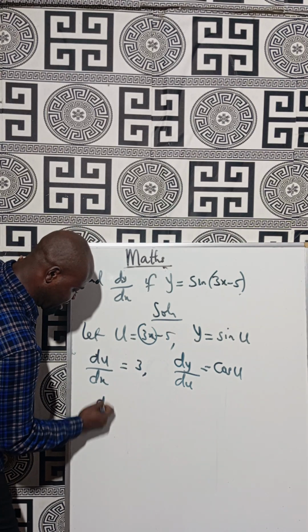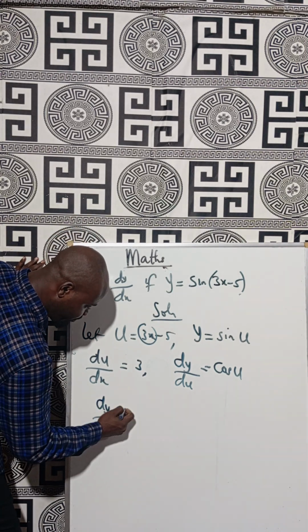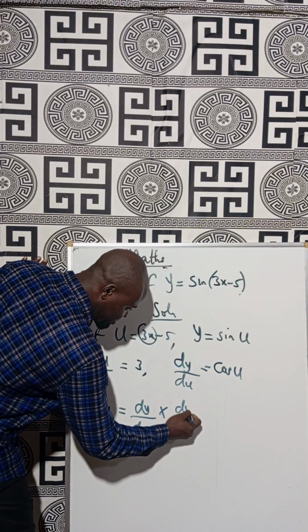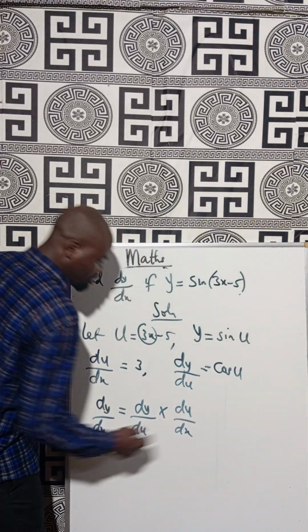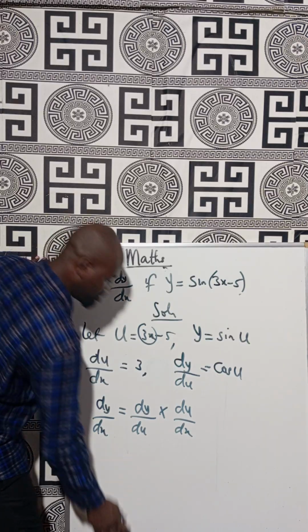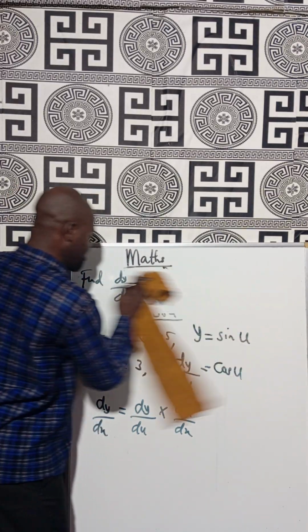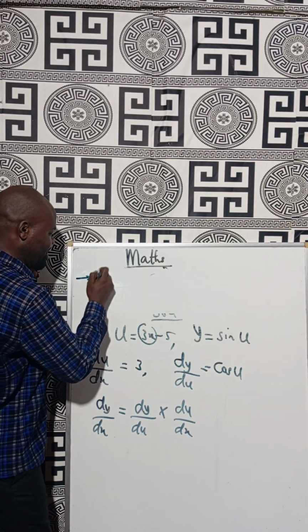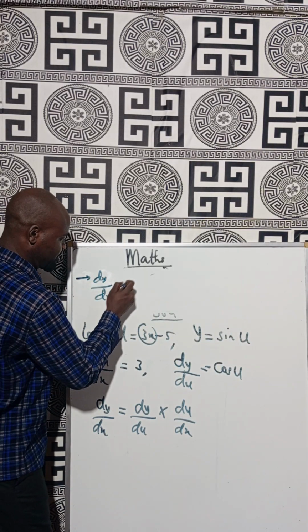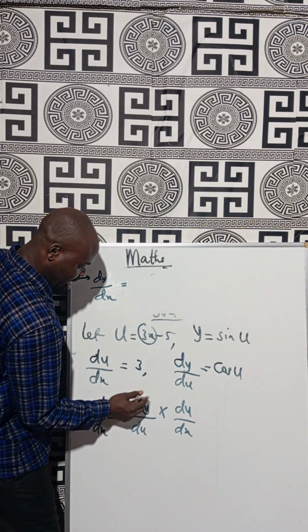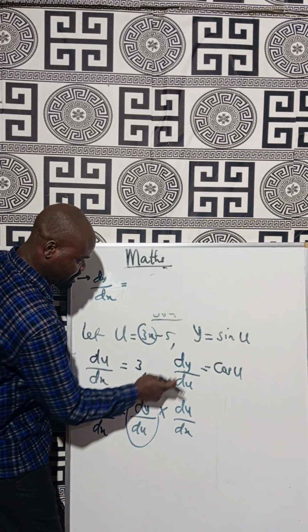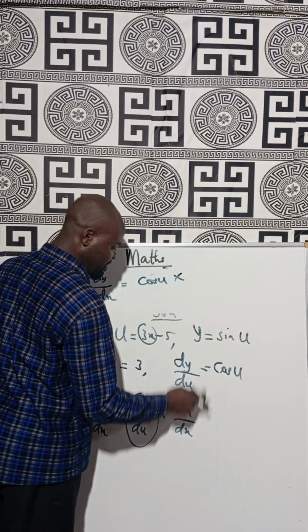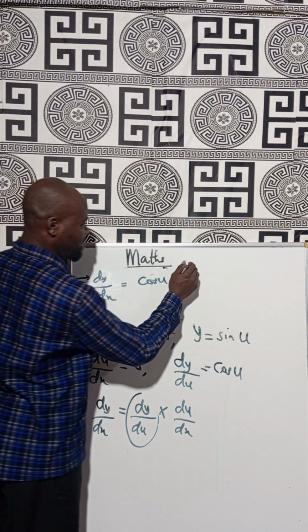So by chain rule, we know that dy dx equals dy du times du dx. Don't forget that. Just apply it. So my dy dx is what now? My dy du is cos u, times my du dx, which is 3.